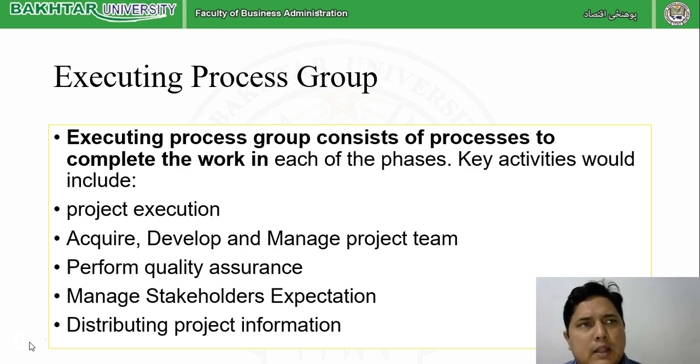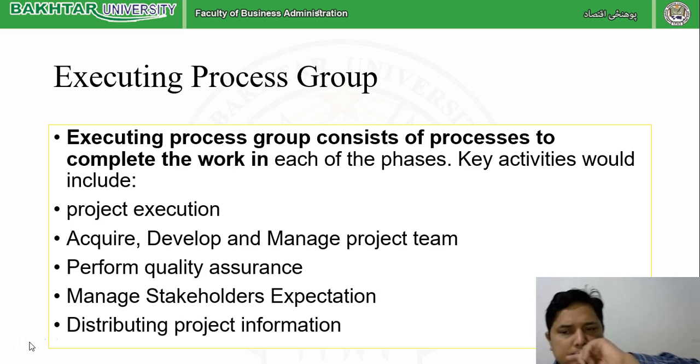Like in the planning phase, we have decided that we require 50 people for this particular project. Acquiring those 50 people, giving them responsibility and managing the team, of course by the managers, is part of executing. Why am I saying this?